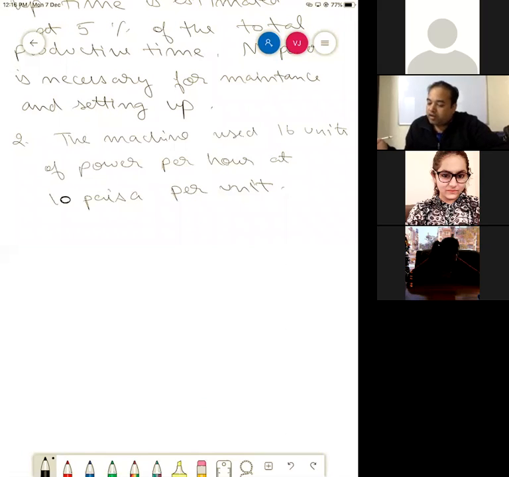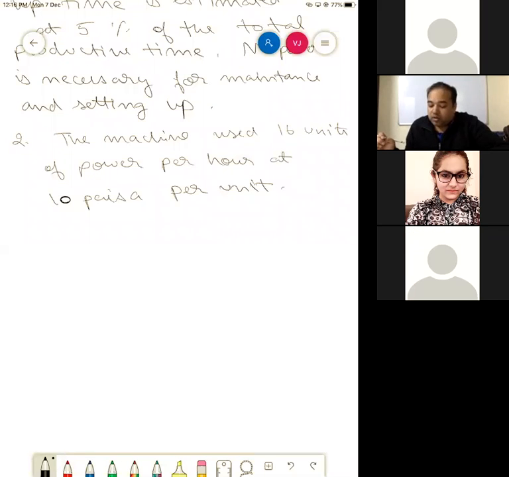So what would be your power consumed in 1 hour? 10 paisa per unit. You are consuming power per hour is 16 units. So 16 into 10, 160. 1 rupee 60 paisa.